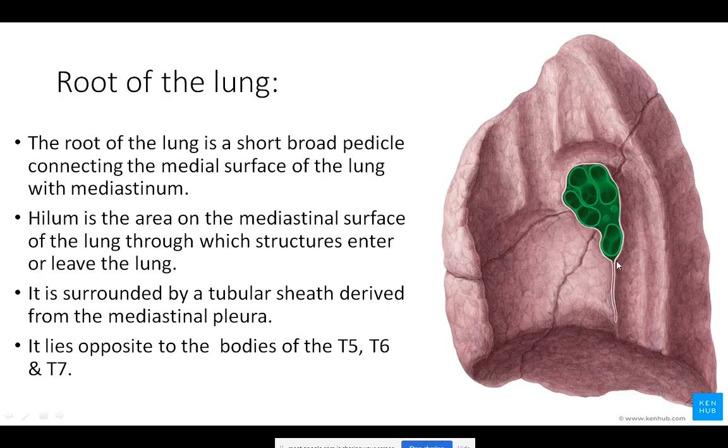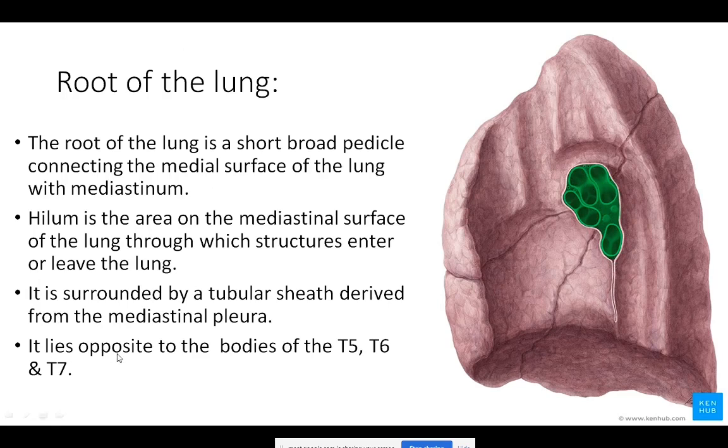This one. This is the pulmonary ligament. Okay, the extending part of the pleura. The hilum or the root of the lung is enclosed inside by the pleura of the lung. That is the mediastinal pleura.